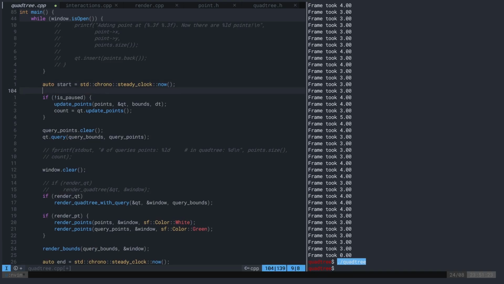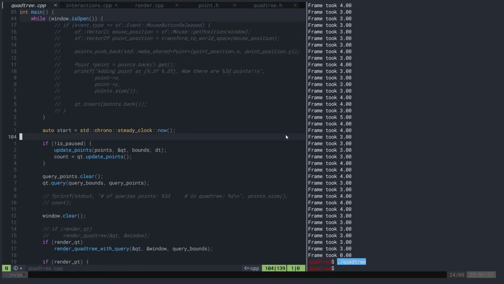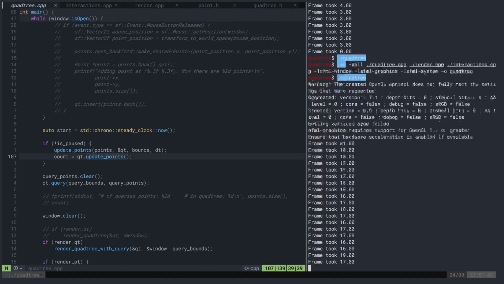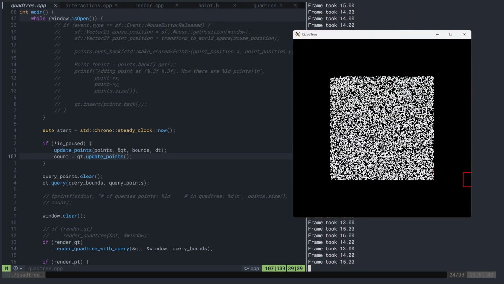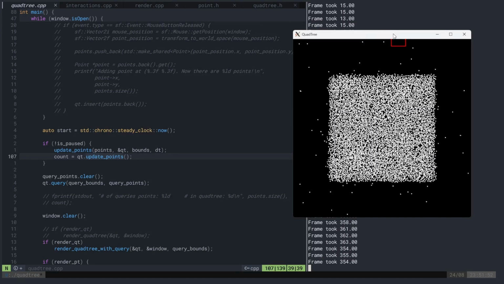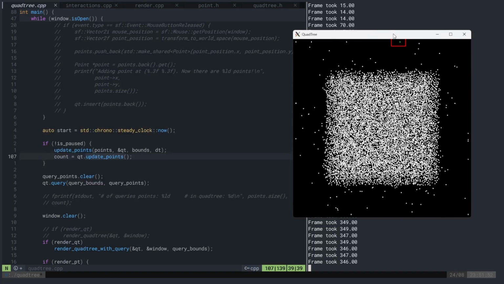So now we're actually measuring the total clock time of doing these particle updates, which, remember, does all of these particle interactions. So our frame time here should tell us how long it's taking to do these calculations. So with 5,000 particles, it's taking about... Oh, we haven't started the simulation, so let me run it. And it's taking about 300 milliseconds per frame to calculate all of these interactions.